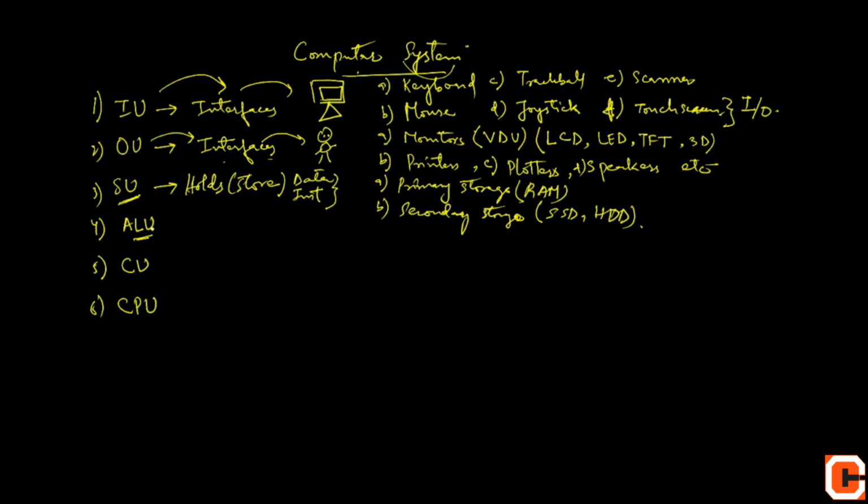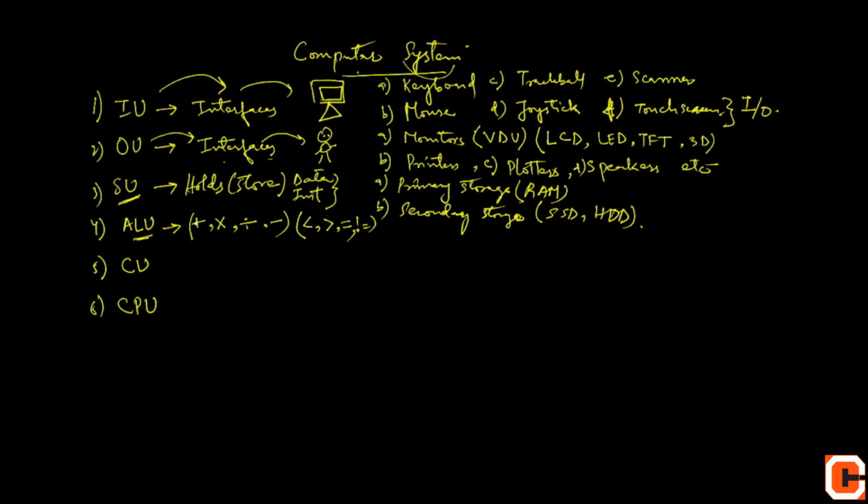Almost all ALUs are designed to perform the four basic arithmetic operations, which we already know: addition, multiplication, division, and subtraction. But apart from these, logical operations are also done, like comparisons such as less than, greater than, equal, not equal. These are the other functionalities of the ALU.